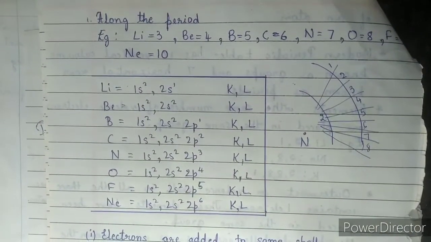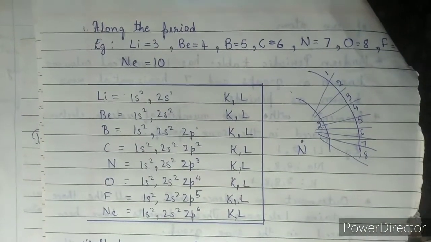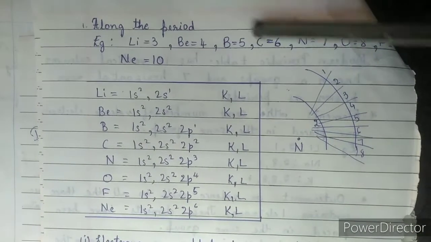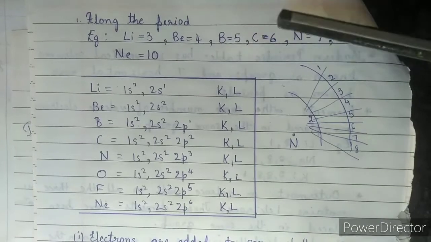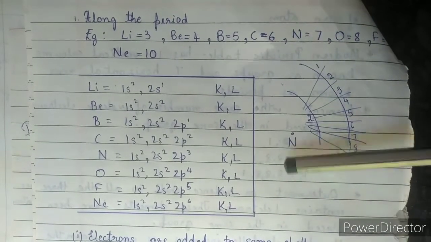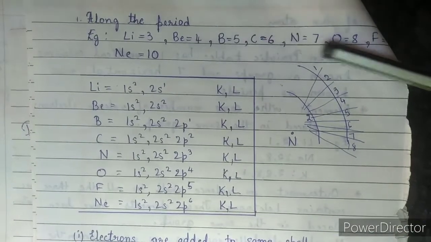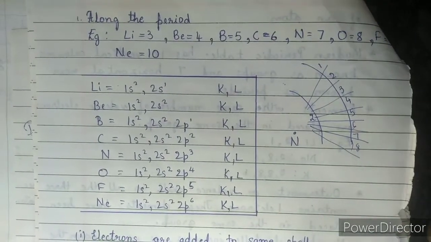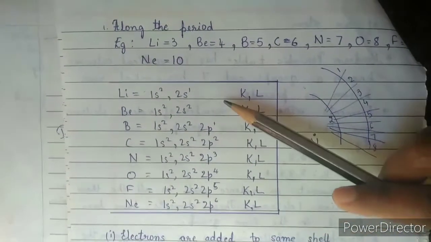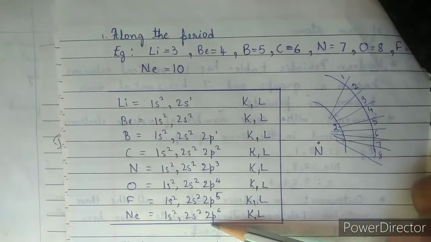Now see how this distance varies along the period. We have taken the example of lithium, beryllium, boron, carbon, nitrogen, oxygen until neon. These are all in the same period. I have written the electronic configuration for each one.